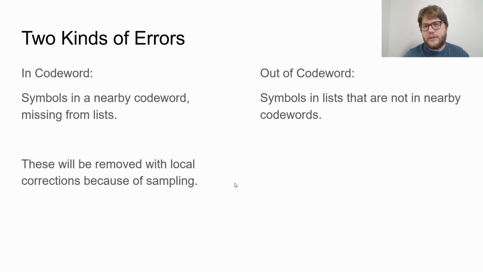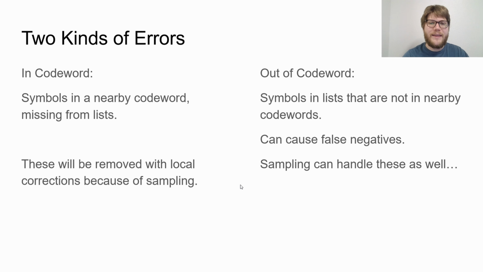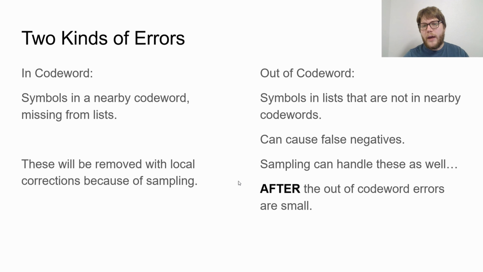So they're extra symbols in the list that shouldn't be there. And the problem with this is that when we're searching to find a function that will improve the code word, this can make false negatives. So it can make it harder to find a function that improves the code word. Sampling can rule out out-of-code word errors as well, but we need to have a small number of out-of-code word errors first.